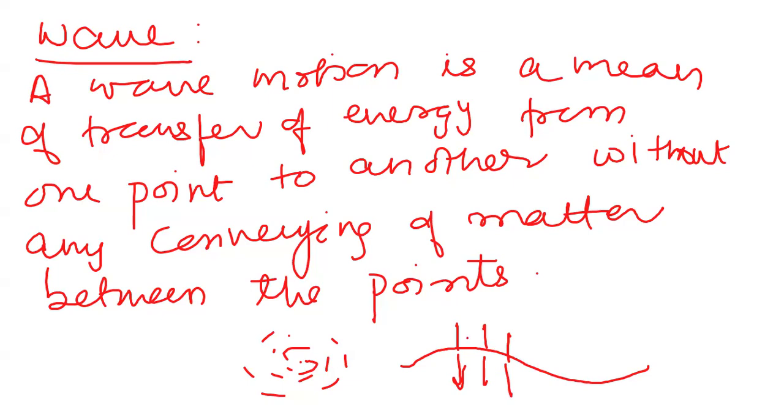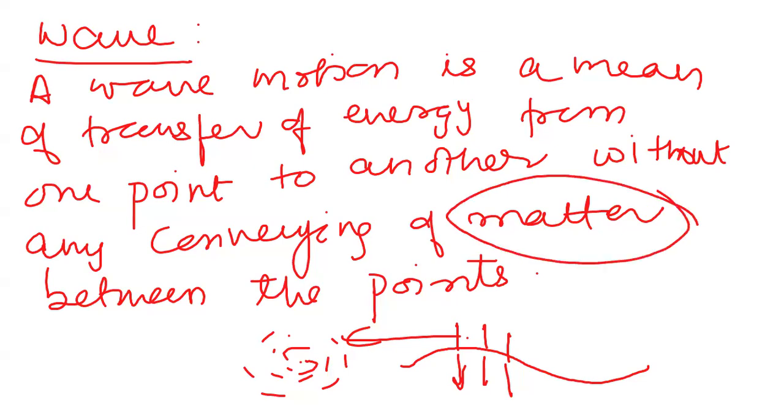But this cork does not travel with the wave. The cork remains at its place. So we mean there is a transfer of energy from one point to another, but matter is not affected. Cork is matter, right? This matter has got no affection. It is only the energy which is passing.